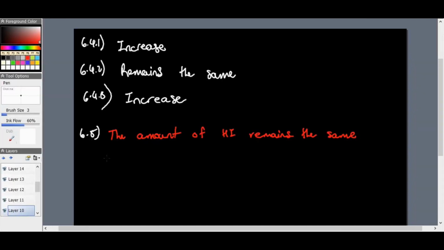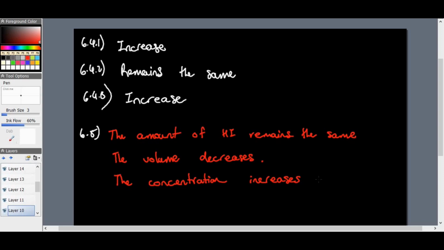But the volume decreases, which they mentioned at the start. If the volume decreases, the concentration now increases according to the formula, C equals n over V. If your denominator goes down, of course you'll have a bigger answer to the fraction.